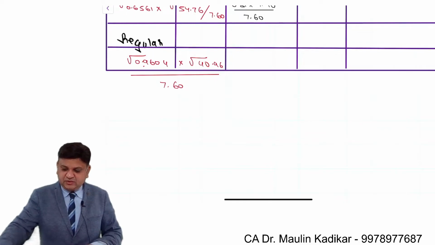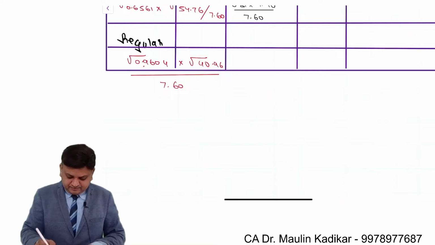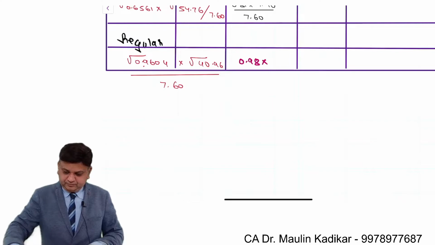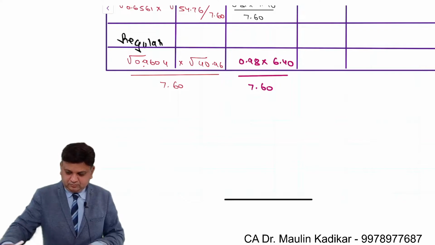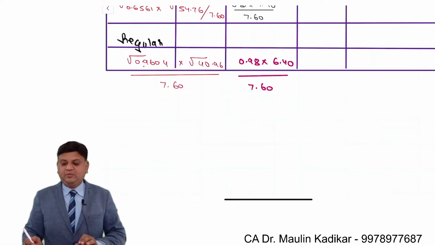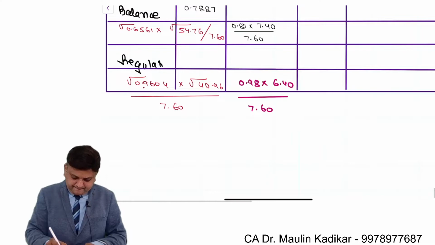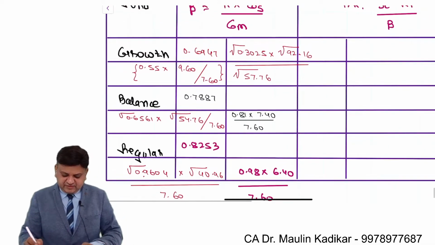So the square root of 0.9604 is 0.98, into the square root of 40.96, which is 6.4 percentage, divided by 7.6. That comes to 0.8253. That is the way the beta is calculated.